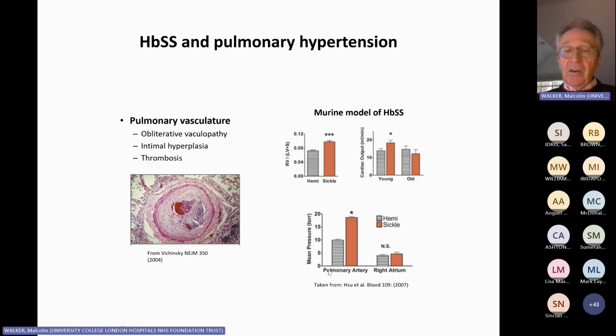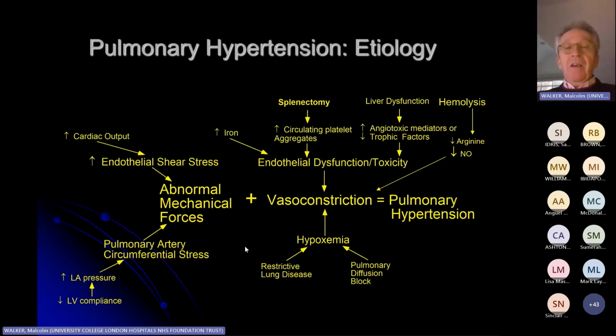And if you look at the pulmonary arterial pressures, they are much higher because of this accumulating vasculopathy, with no changes in the atrium, but in the pulmonary artery. So you can model this, and there are a significant number of models of the development of pulmonary hypertension in sickle cell animals. The etiology is really quite complicated, and there are many, many different features that lead to the end result in our patients of pulmonary hypertension.